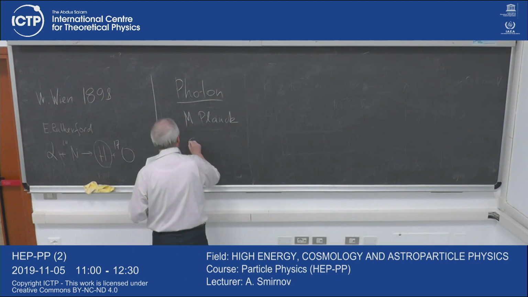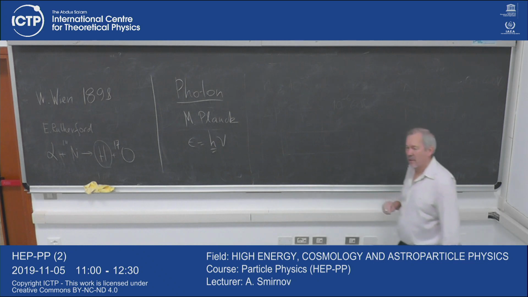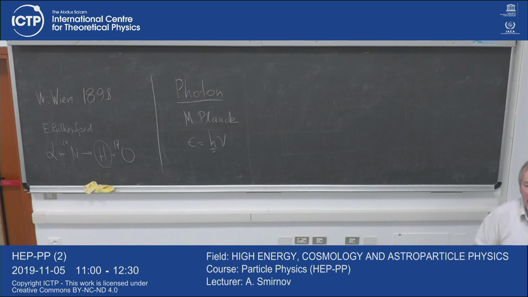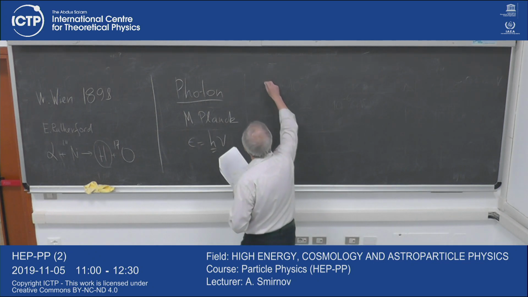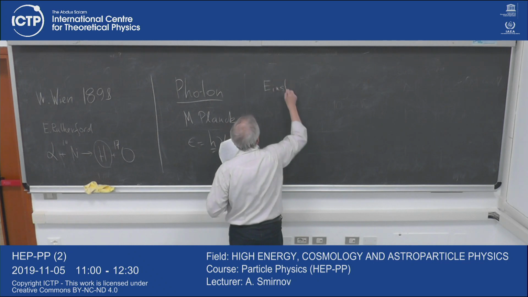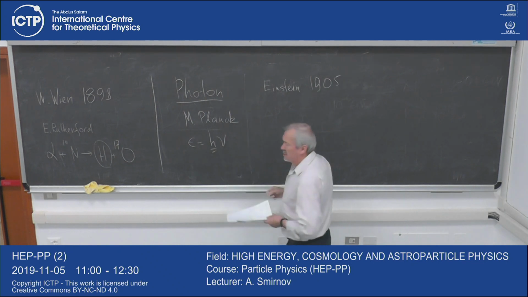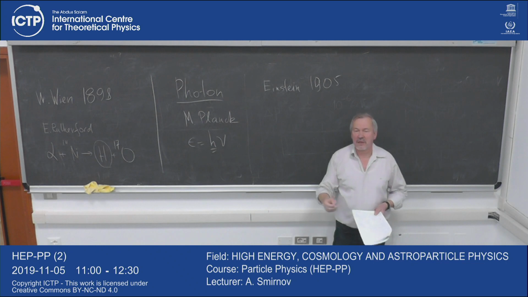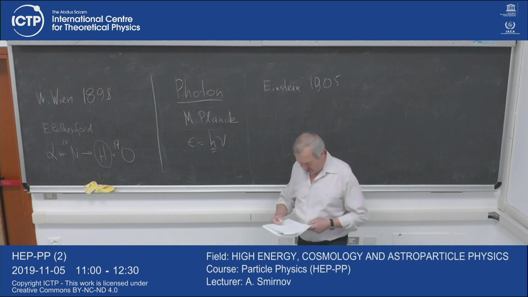Each quantum has the energy h nu, and this is his famous Planck constant. It is related to the frequency of the light. In this way he could explain the shape of black body radiation. What Einstein said in 1905 is that not only is the energy discretized, but the light itself is a flux of particles. Of course, in this way you immediately get that the energy is discretized.